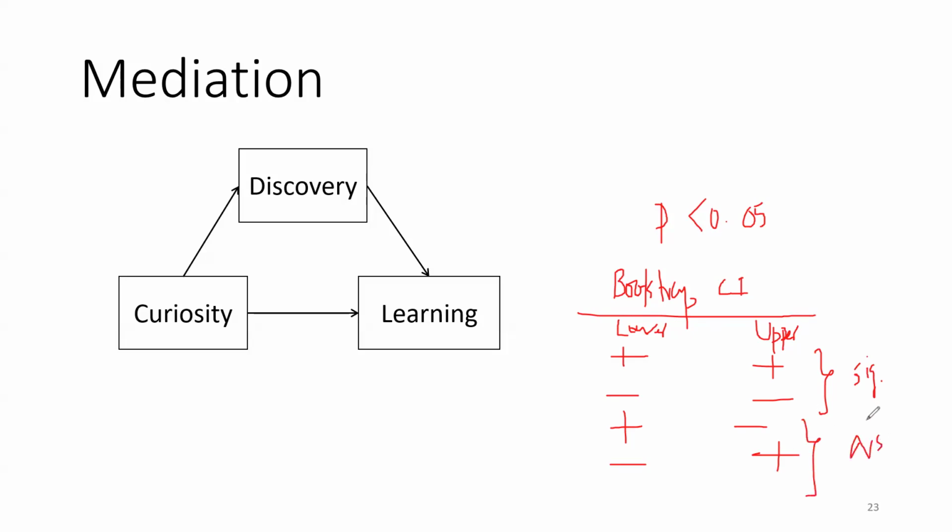Both must not span 0. So if this is 0, with 1, 2, 3 on the positive side and -1, -2, -3 on the negative side, it should not cross 0. If both scores lie on this side or that side, it is significant. If it spans 0, then it is not significant for mediation testing.